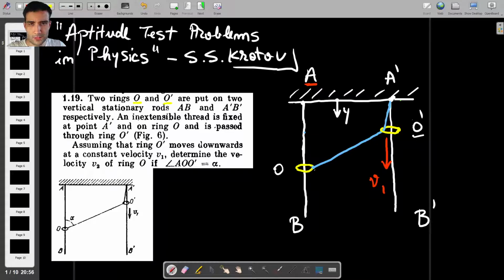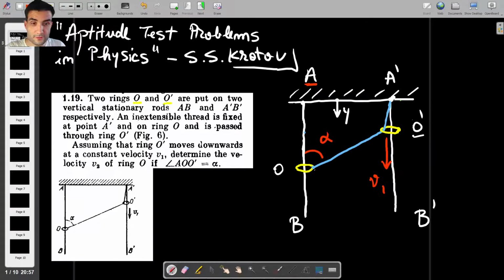And the question tells us that the ring on the right, the O prime ring, has a velocity directed downwards of value v1, and we also know the angle AOO prime, which is alpha.